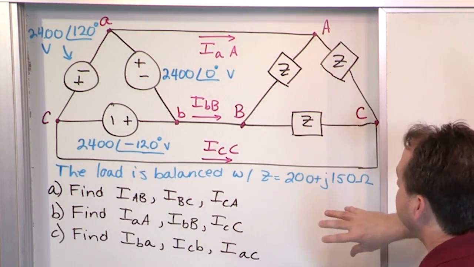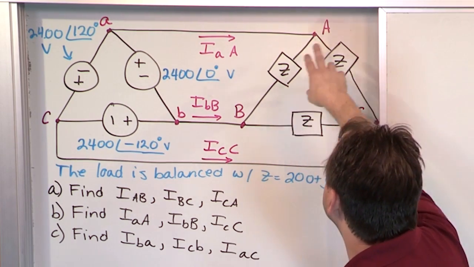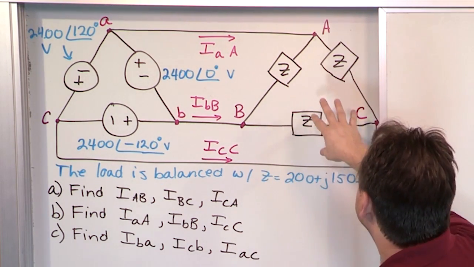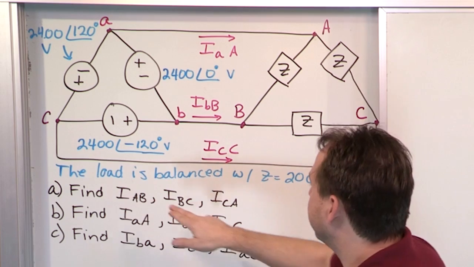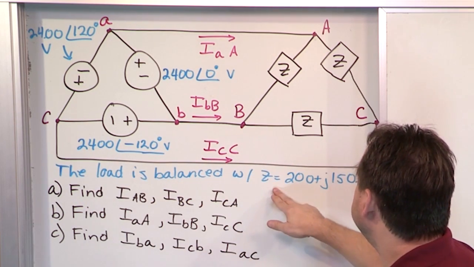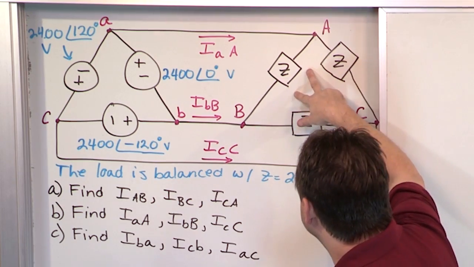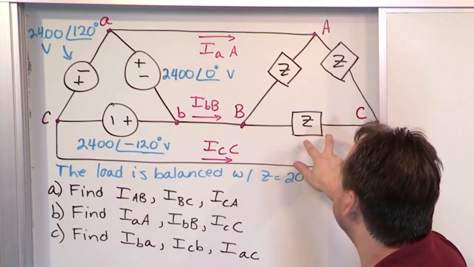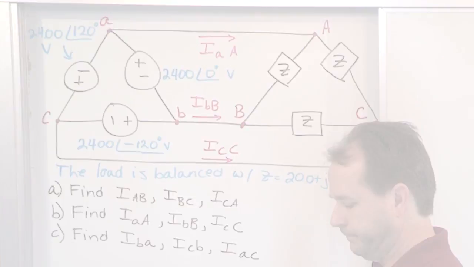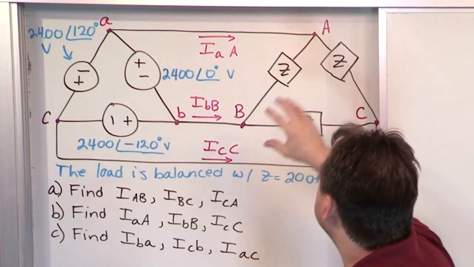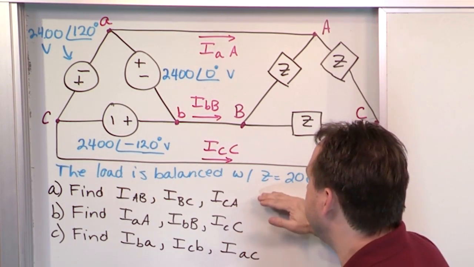And then over on the load side, we have the load impedances, and they are balanced. It says right here, the load is balanced with an impedance of 200 plus j150. So that's this impedance here, and this impedance here. So we have a balanced three-phase source, we have a balanced three-phase load, and we're asked to find the following things.